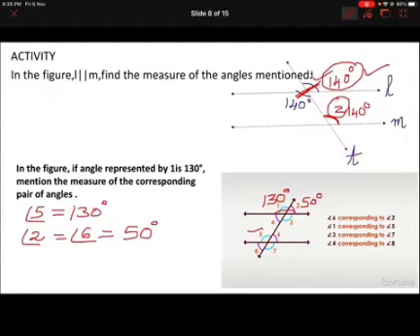Then what about 3 and 7? Now 3 and 7 are corresponding angles and they are equal to one another. Their measure is 130 degrees. You know how we got it. One reason is these two are linear angles. The other one is these two are vertically opposite angles. That's how I came to know what the measure of angle 3 is.